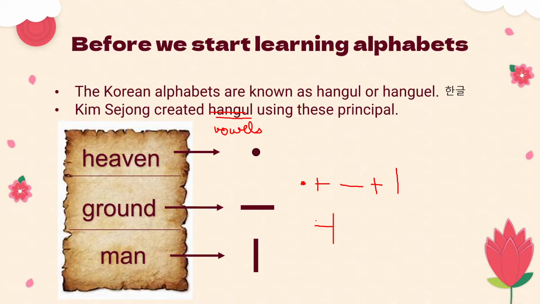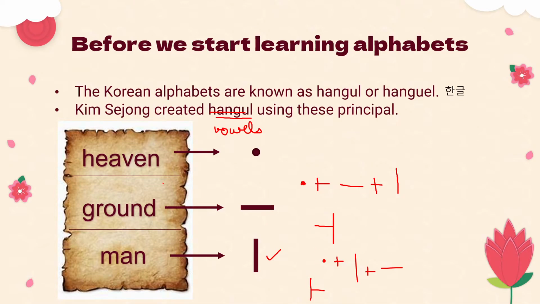And suppose you put man first, like heaven plus man plus ground, you are going to get this character, and this is also a vowel. Both of them look a little the same, just the ground direction is opposite in both.